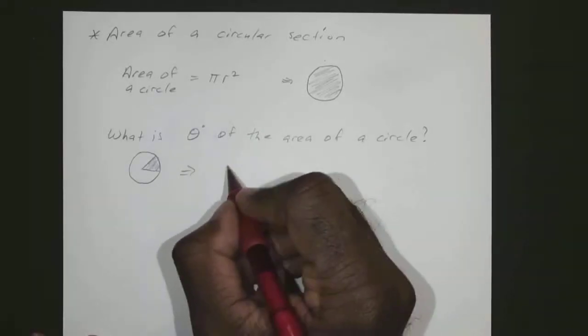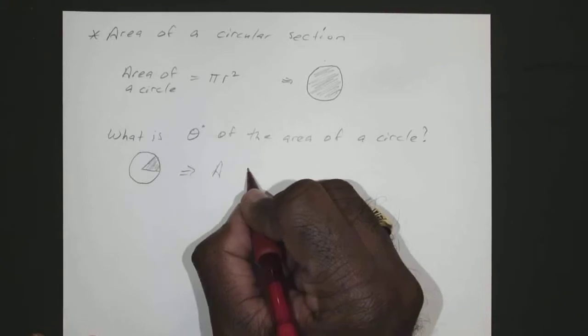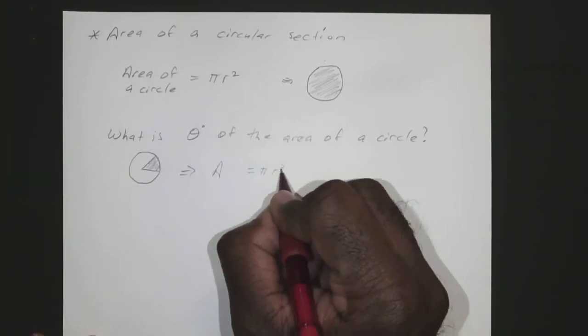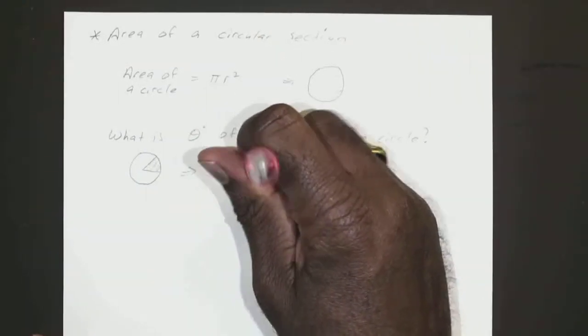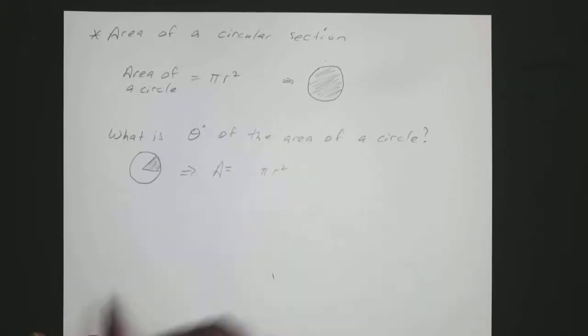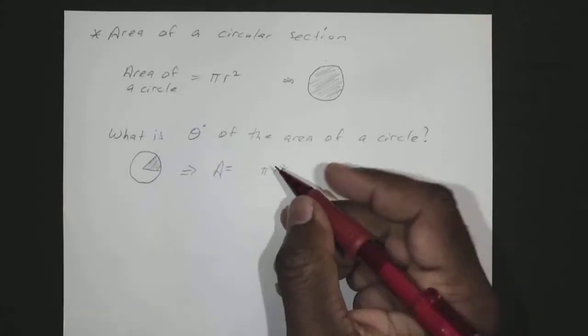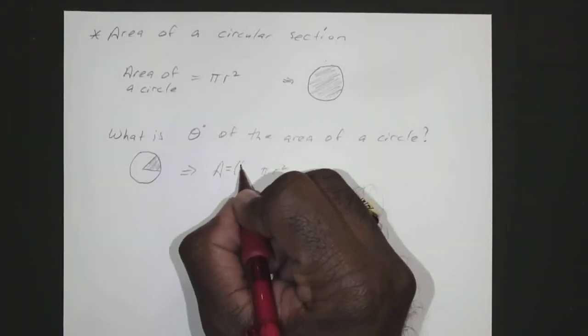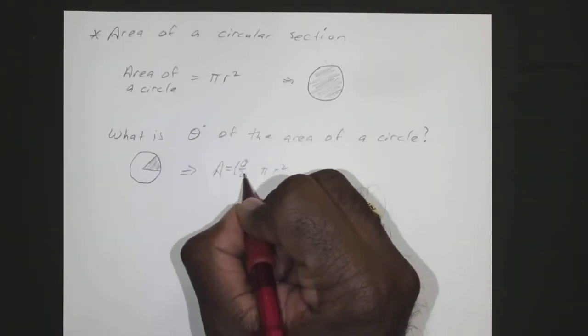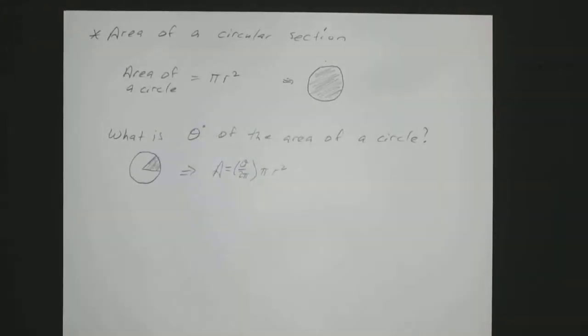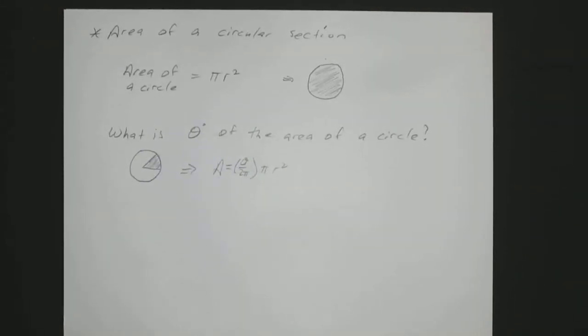In this case, our area of the entire circle is still pi times radius squared. Move that over a little. But we only want to know a small portion of it. So we really only want a small theta out of the entire 2 pi. Not the whole thing, just a little bit.